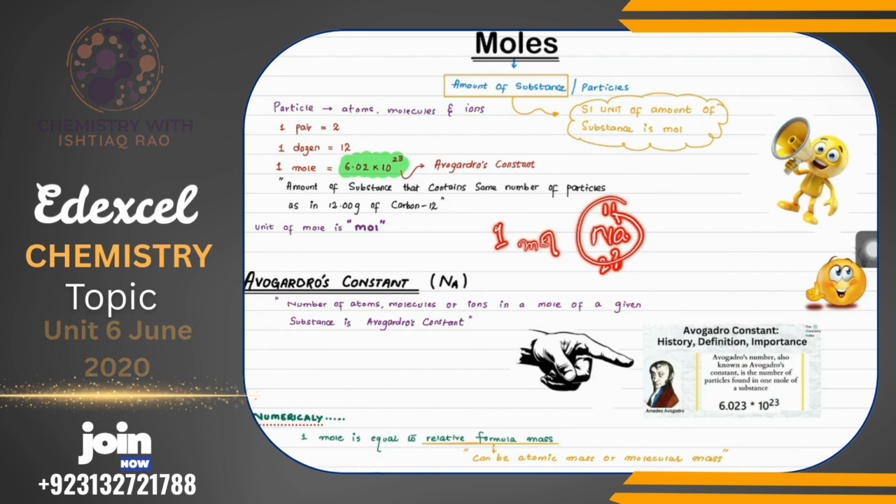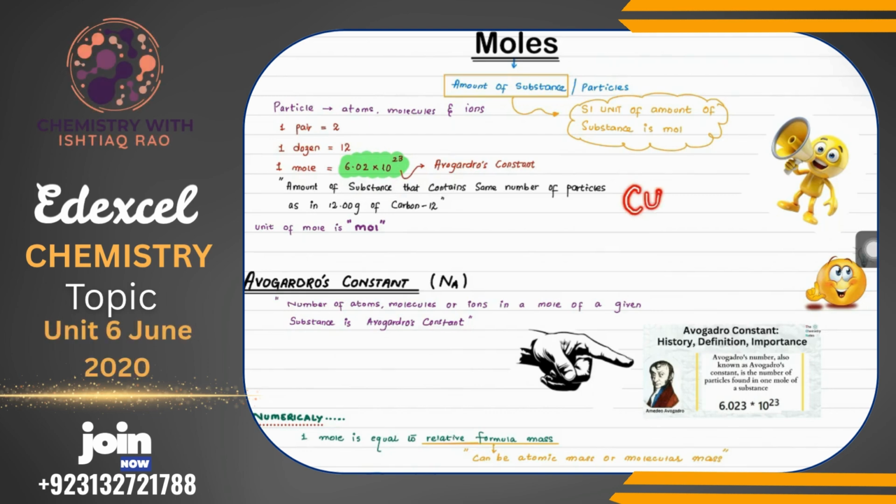Or how many atoms are present in 1 mole of sodium? You are supposed to write 6.02 × 10^23. If I ask how many atoms are present in magnesium, you will say the same thing. In copper, the same thing. If I ask how many atoms of chlorine are in 1 mole of chlorine, you will say the same thing.